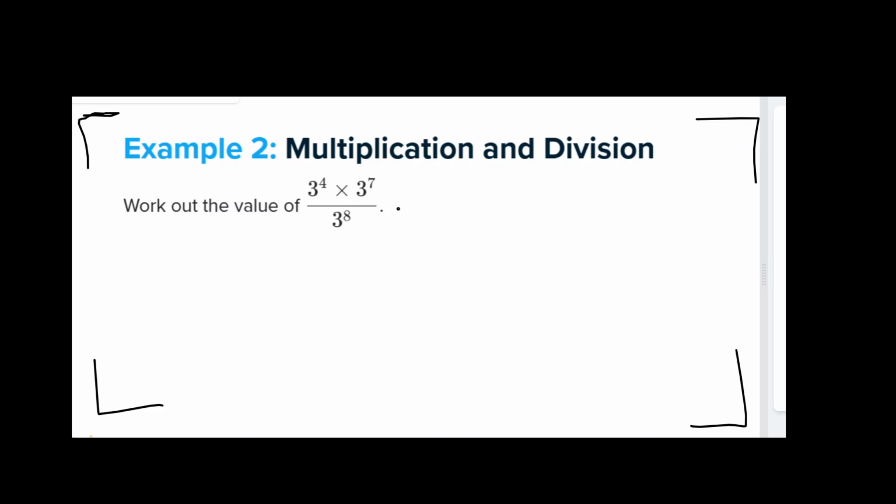So if I do the top one first, I know my rule is as provided the base numbers are the same. So I have 3, I'm just going to collect one of them. That means then that I can add the powers because of the multiplication sign. Underneath, I still have my 3 to the power of 8. So right now I have 3 to the power of 11 over 3 to the power of 8.